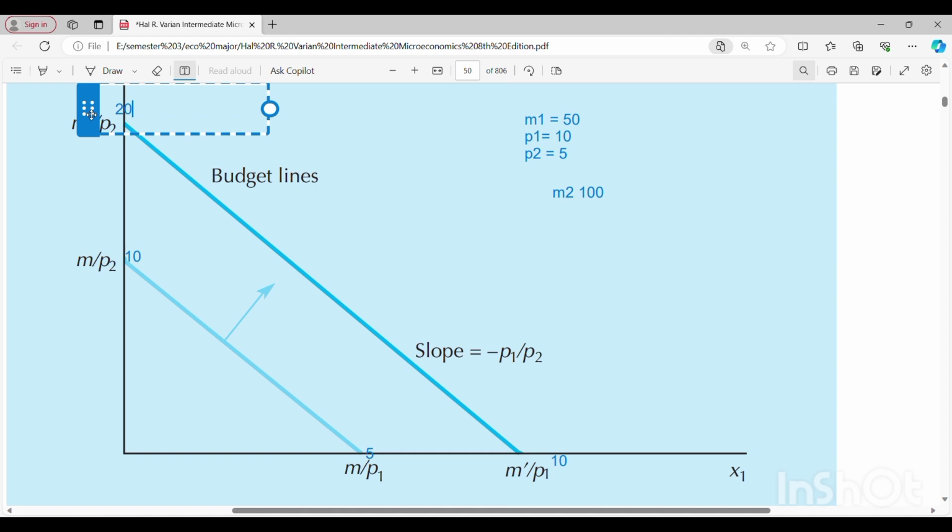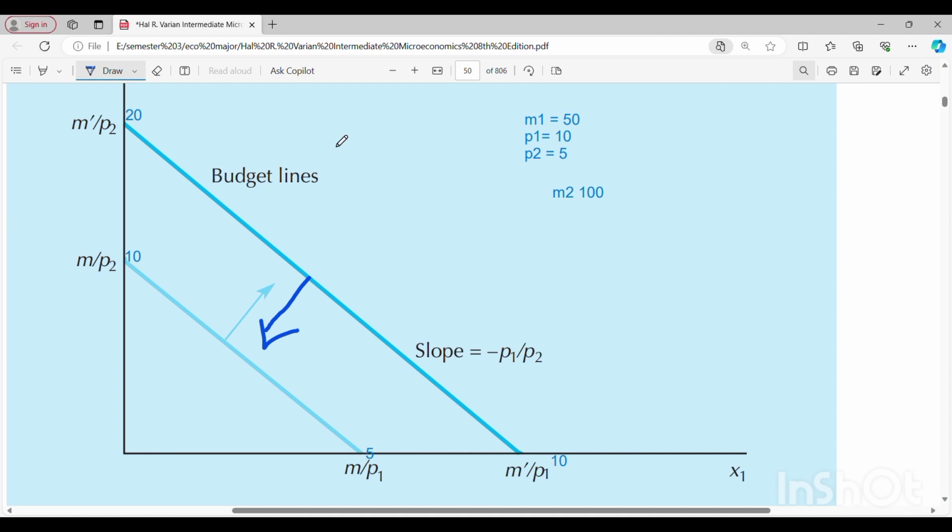So what happened here is a parallel shift. When the income increased, it brought a parallel shift for this budget line. When it is decreased, vice versa, it will bring a parallel inward shift. So when the income is increased, parallel outward shift, and when the income is decreased, parallel inward shift.